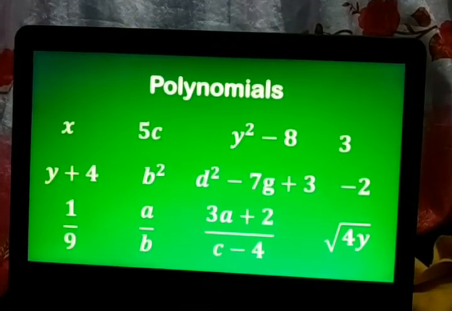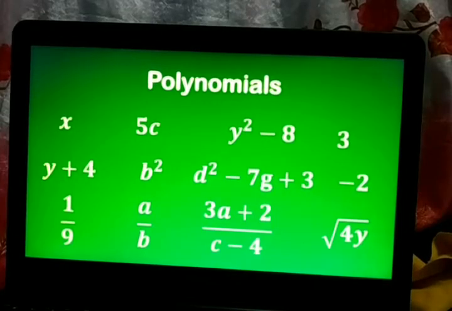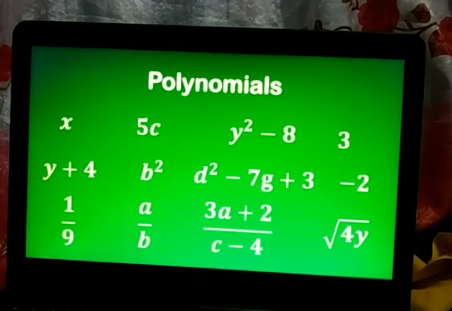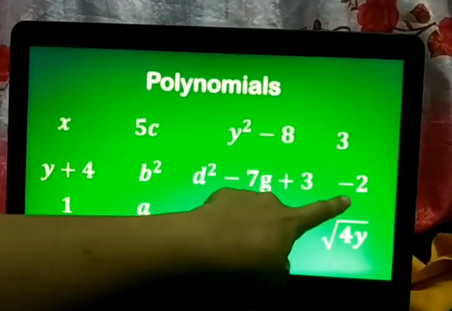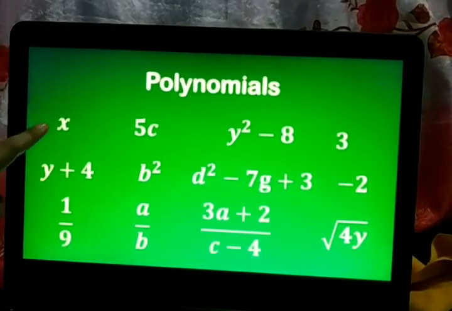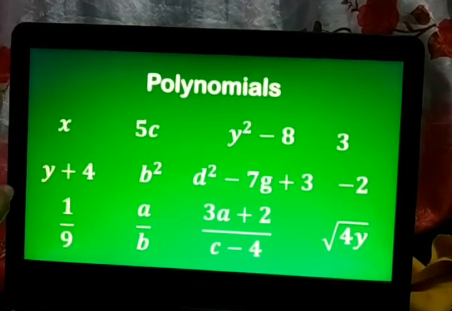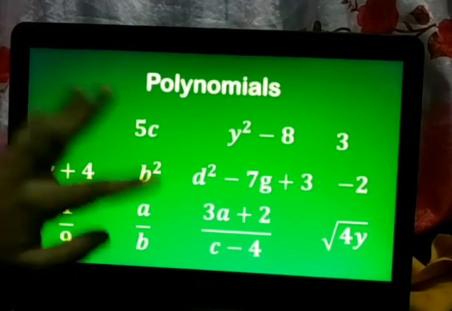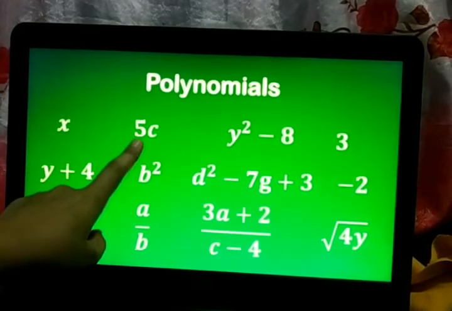They are examples of polynomials. Polynomials can be numbers alone, may it be positive or negative, or variables alone, both negative or positive, or a combination of both, like this.